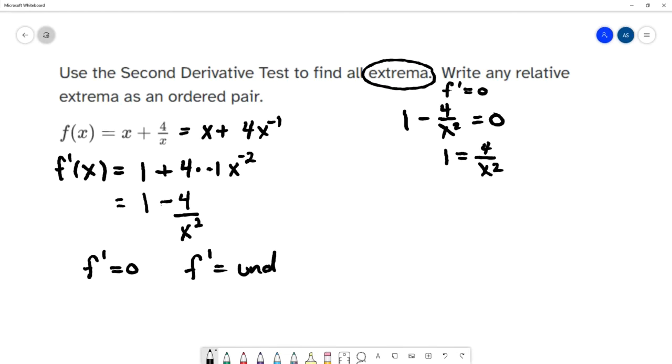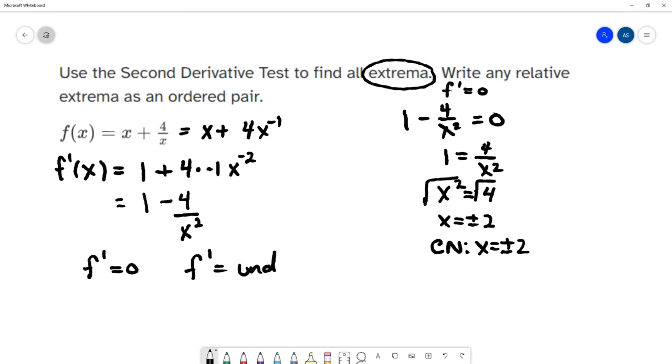I would multiply by x squared on both sides to get x squared equals 4. And I'll square root both sides to get x equals plus or minus 2. So I've got some critical numbers here, plus and minus 2.